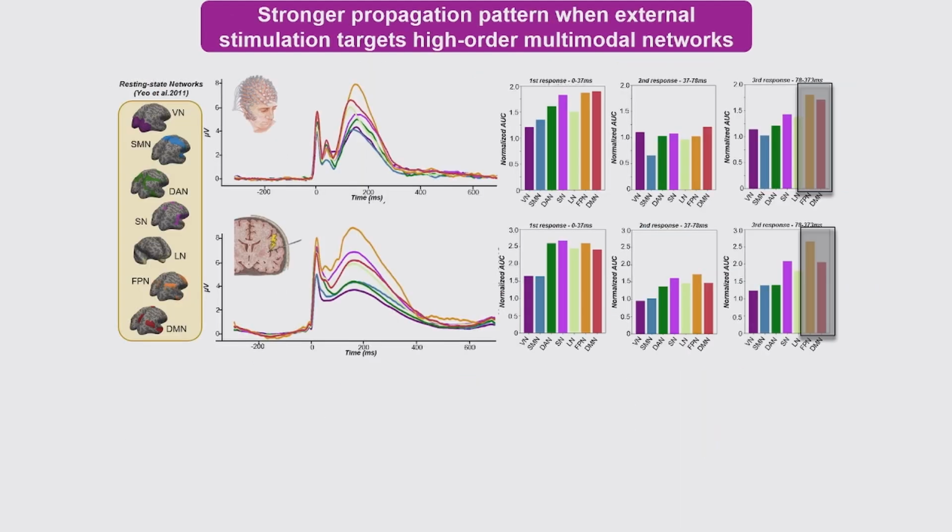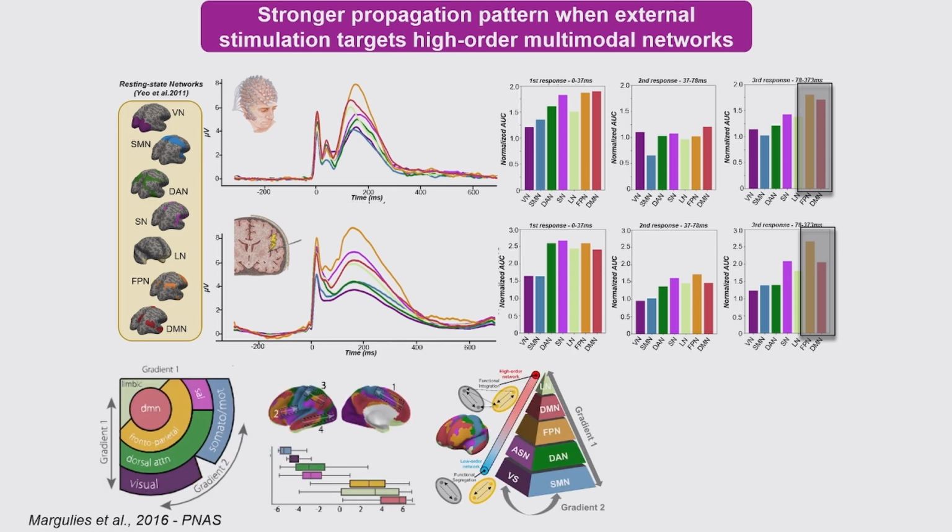So the key message here is that when we perturb high order networks, the late responses specifically are higher compared to the low order networks. This is similar to what people have shown in great studies in the literature, with this hierarchical framework in the fMRI community.